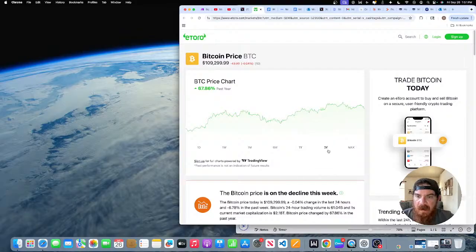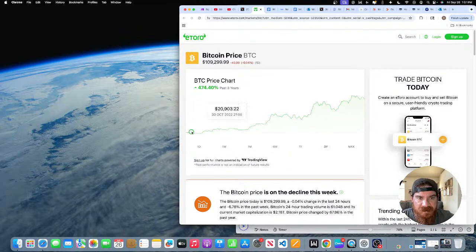Okay. Now the key is for Bitcoin 3 years or above. I like the 4-year cycles. This one's garbage right here.